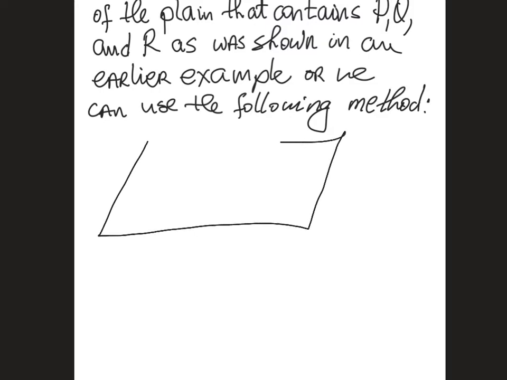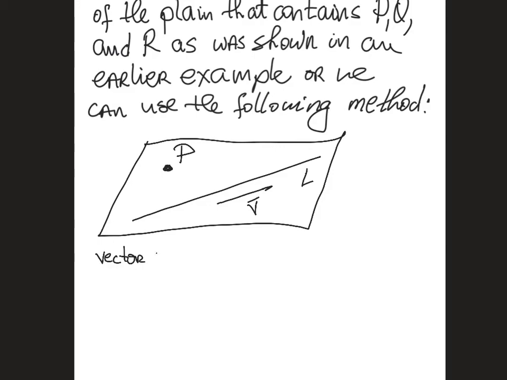Let me draw the representation of the plane again. There's our point P. There's line L. And we know from the equation of line L a vector that's parallel to this line. So vector V, which has the components 2, 1, negative 2, is parallel to the line.